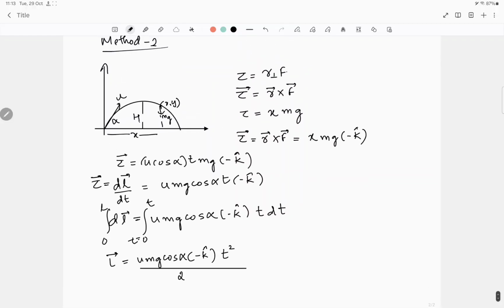Let's make this beautiful. L is equal to m g u cos alpha t square by 2 into minus k cap. So this is pretty much it.